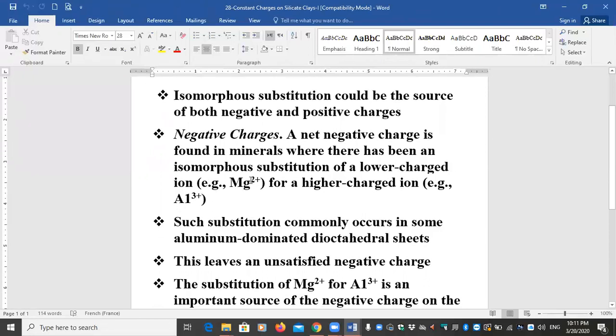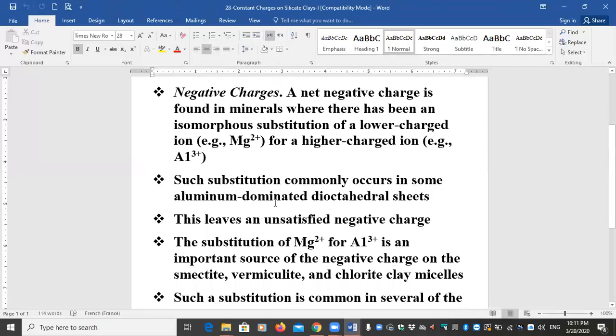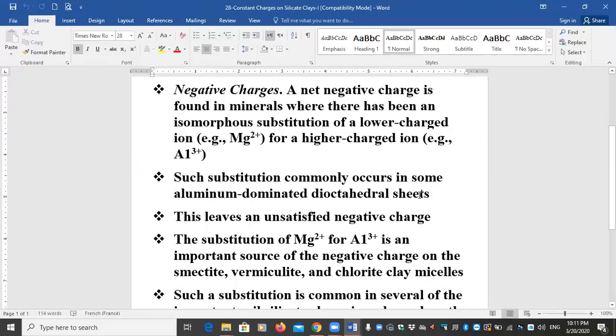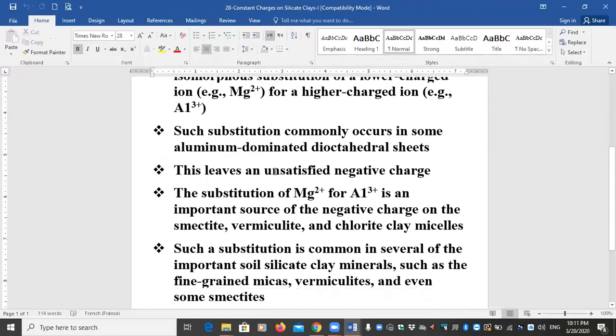So that means we have lower positive charge to neutralize the oxygen negative charges, which means we will have a net negative charge. Such a substitution commonly occurs in some aluminum-dominated dioctahedral sheets. This leaves an unsatisfied negative charge, like I have just said.